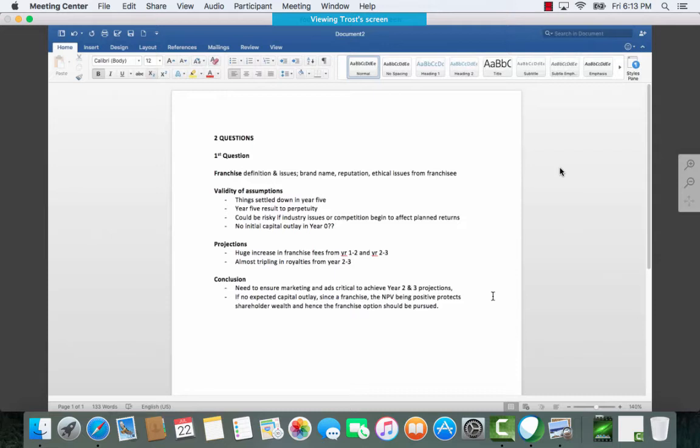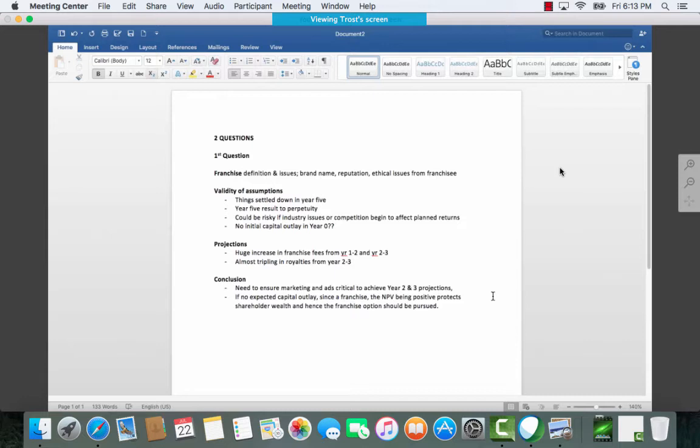On the projections, I noticed that from year 1 to 2 and year 2 to 3 there were really high increases in franchise fees. That sounded quite ambitious. We need to ensure that there are plans in place to ensure that is achieved. Royalties almost tripled from year 2 to 3.